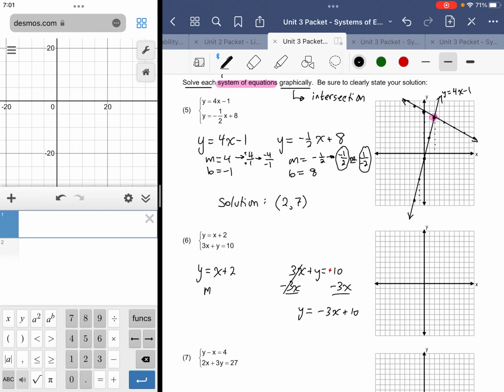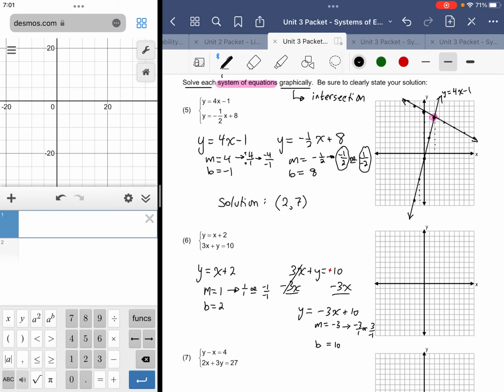So we have a slope here of 1, a y-intercept of 2. That 1 could be thought of as 1 over 1 or -1 over -1. Here I have a slope of -3, which could be thought of as -3 over 1 or 3 over -1, with a y-intercept of 10.